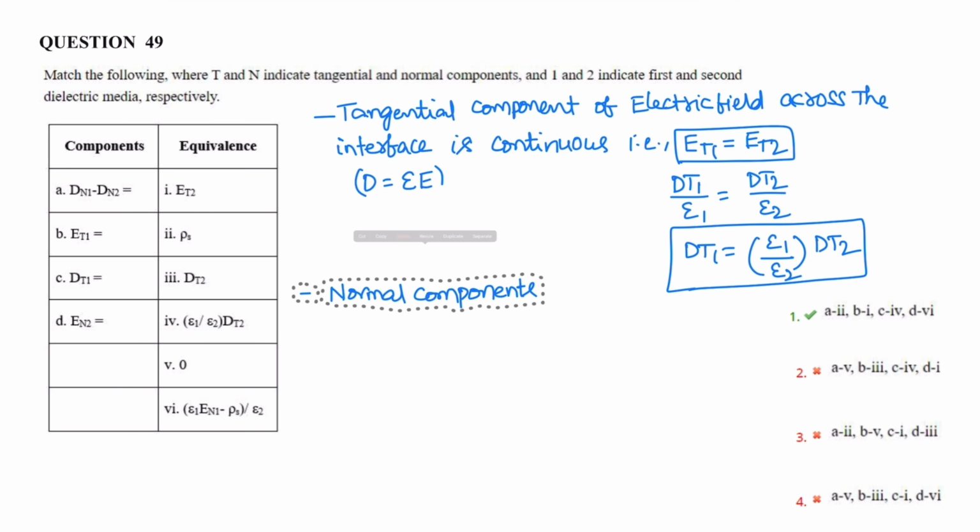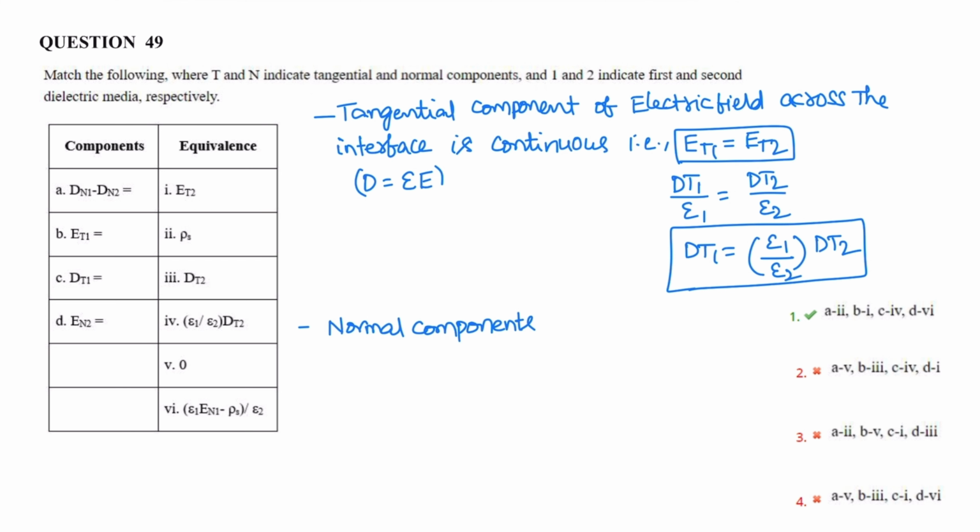Similarly, for normal components, A is B is 1. Next, C is 4, epsilon 1 by epsilon 2. Next are normal components. The normal component of electric flux density is Dn1 minus Dn2 is equal to rho s, the surface charge density. That is epsilon 1 En1 minus epsilon 2 En2 is rho s.